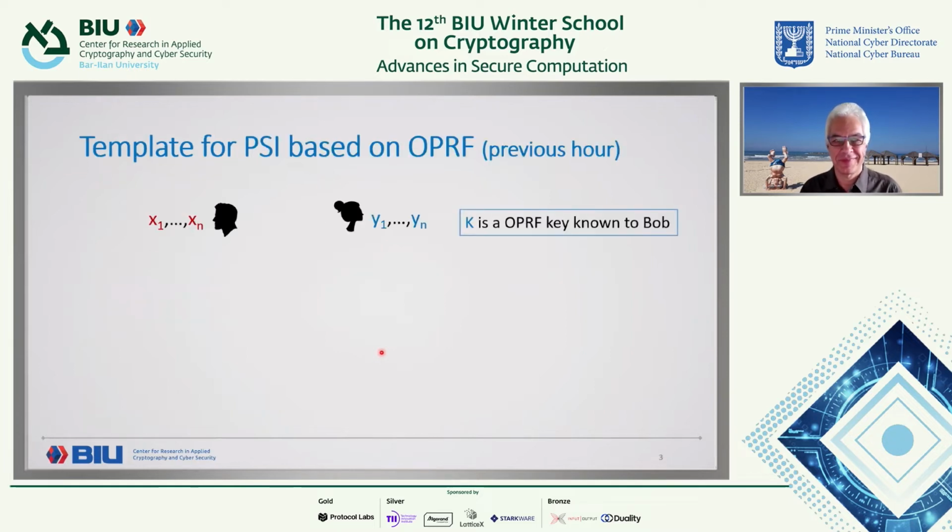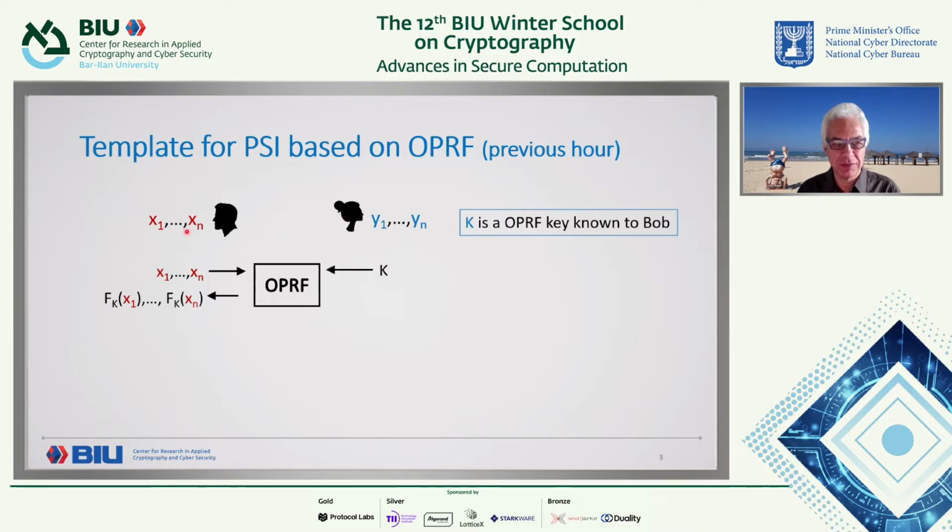Okay, so in the previous hour, we discussed PSI based on OPRF, but the setting is like this. One party has, so here now it's going to be Alice, not Bob. She has an OPRF key that only she knows. Okay, only Alice, not Bob.